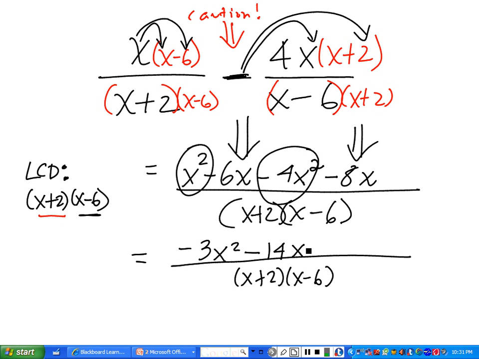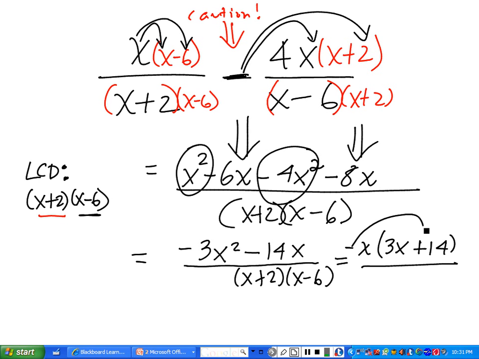Now, can we factor the numerator? It looks like we can. We can take out an x or a negative x, and that gives us 3x plus 14. Why is it plus?